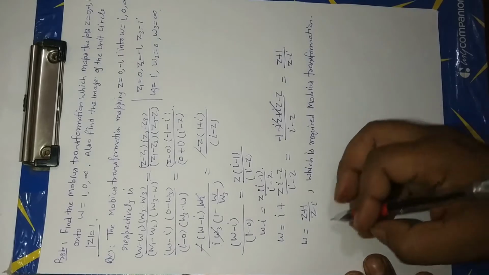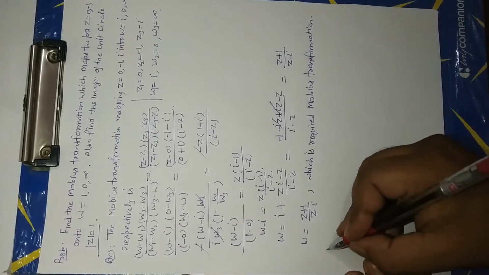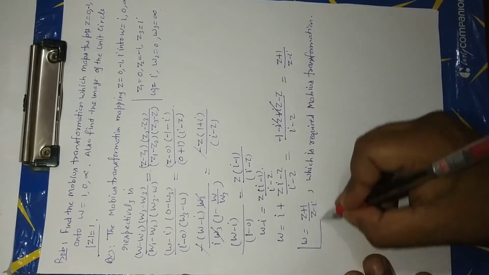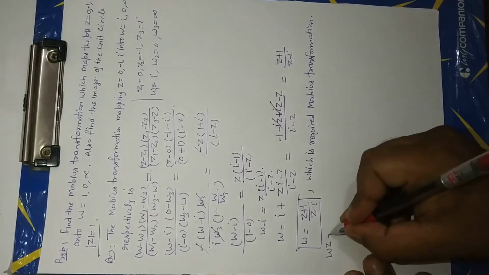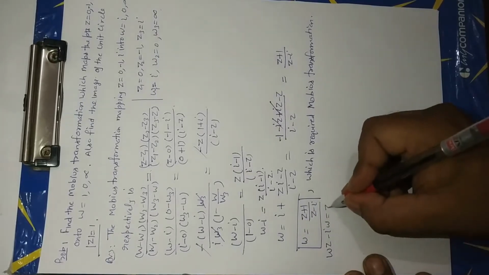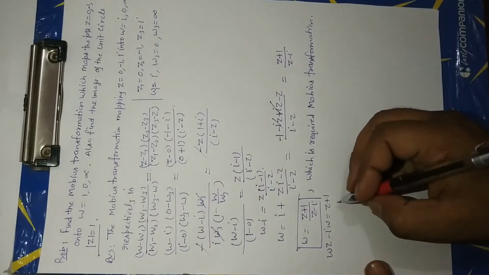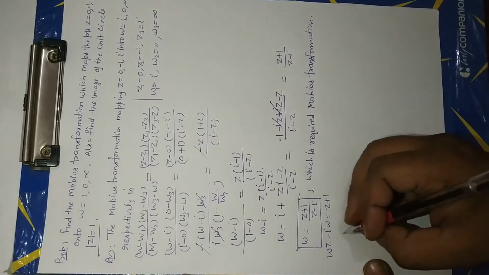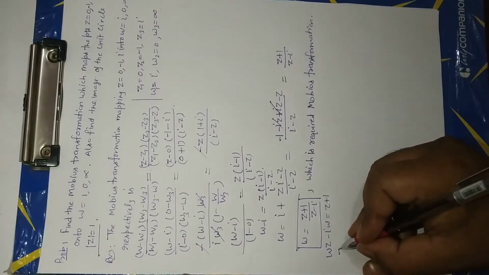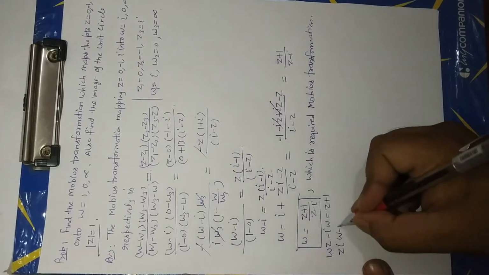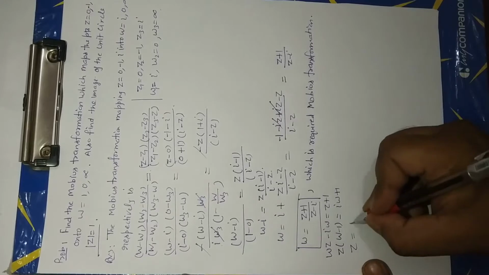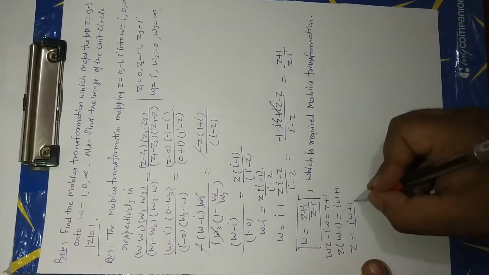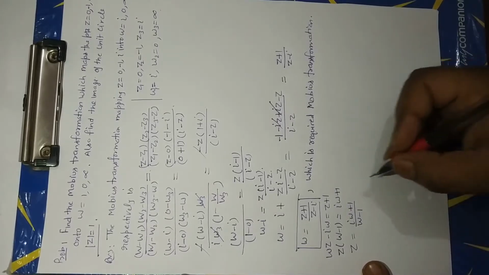Now solving, we get wz minus iw, this is equal to z plus 1. Now z equal to iw plus 1 upon w minus 1.